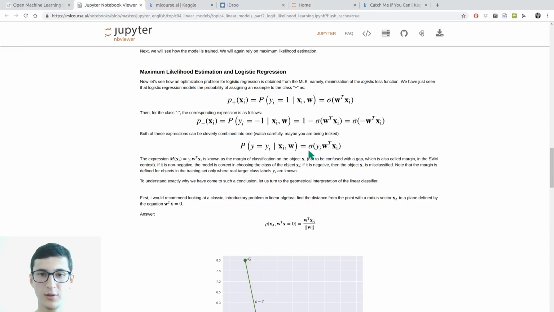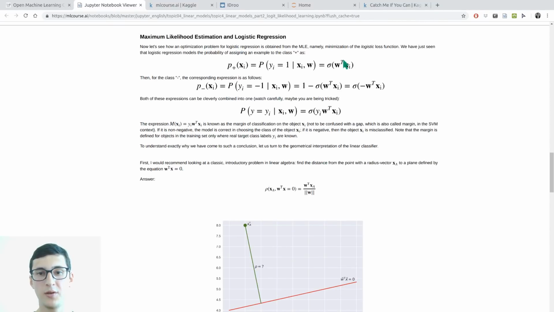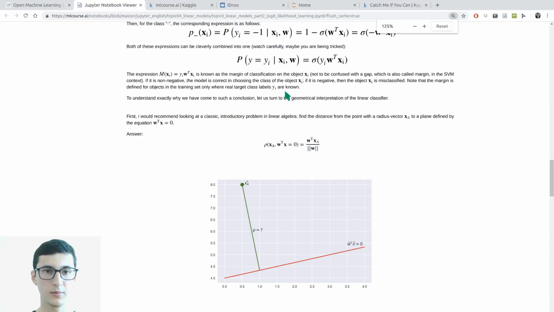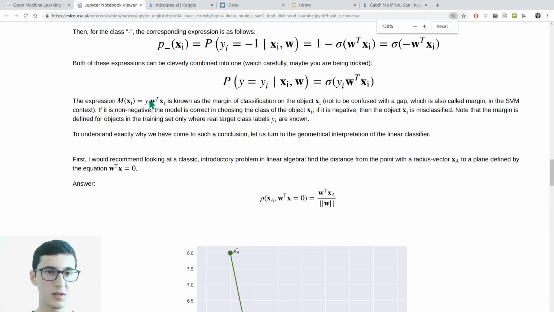The very same expression, sigmoid of yi w transposed xi. So we've seen that w transposed xi is actually a signed distance from a point to a hyperplane, and if we multiply it by its label, then we'll get something called margin. So an expression M capital of an instance xi is actually this product of a label multiplied by the distance to a hyperplane.